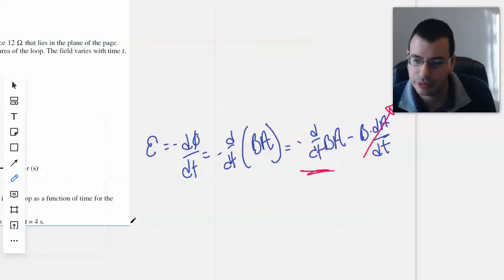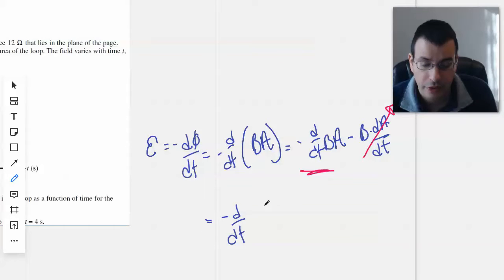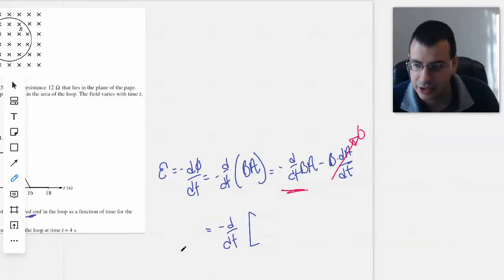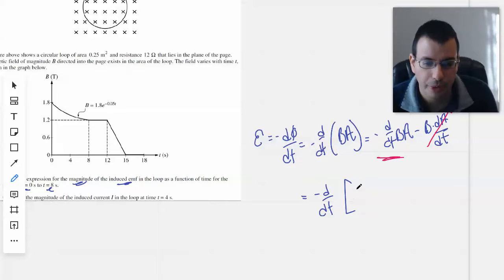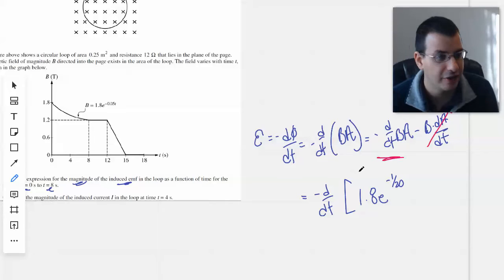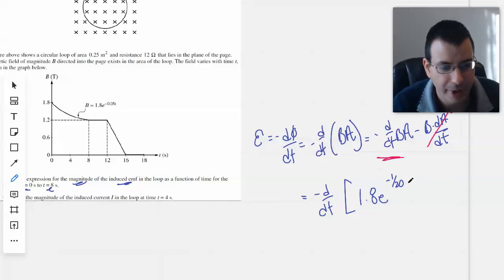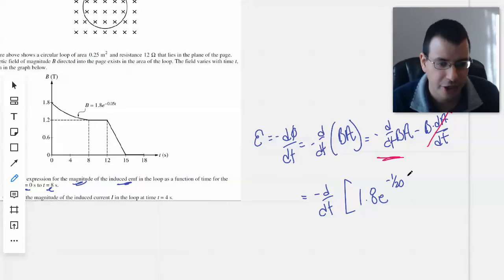We know that the magnetic field for that section is 1.8 times e to the negative t over 20. I'm going to write that as negative 1 over 20 because 0.05 is just 1/20th. It might make it easier later with the derivatives.